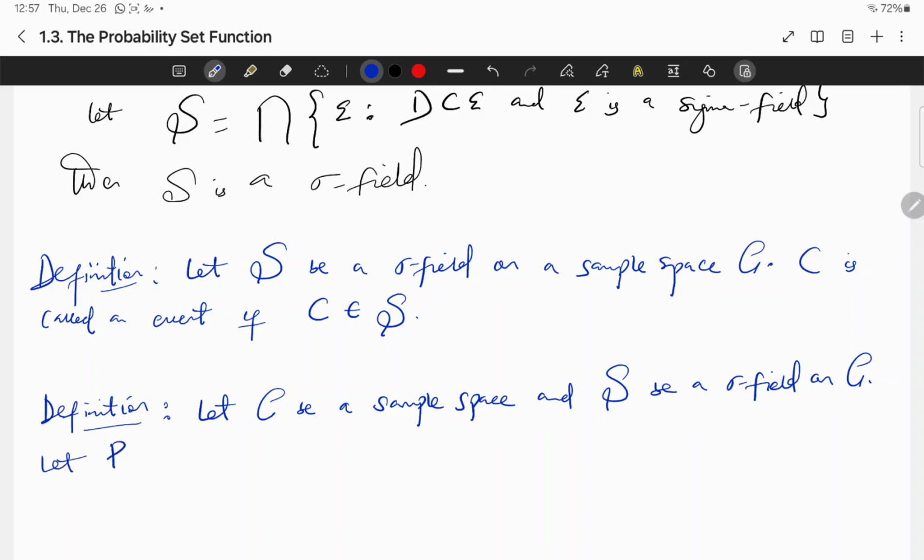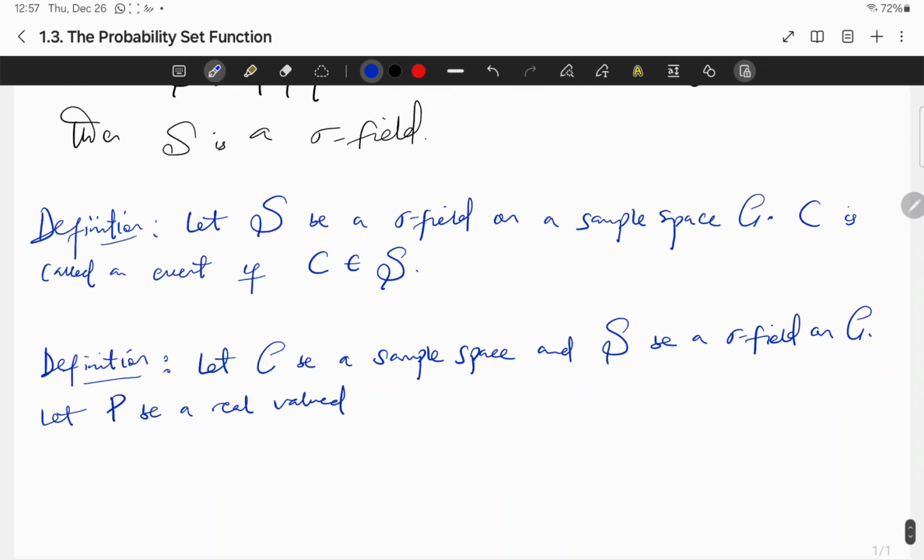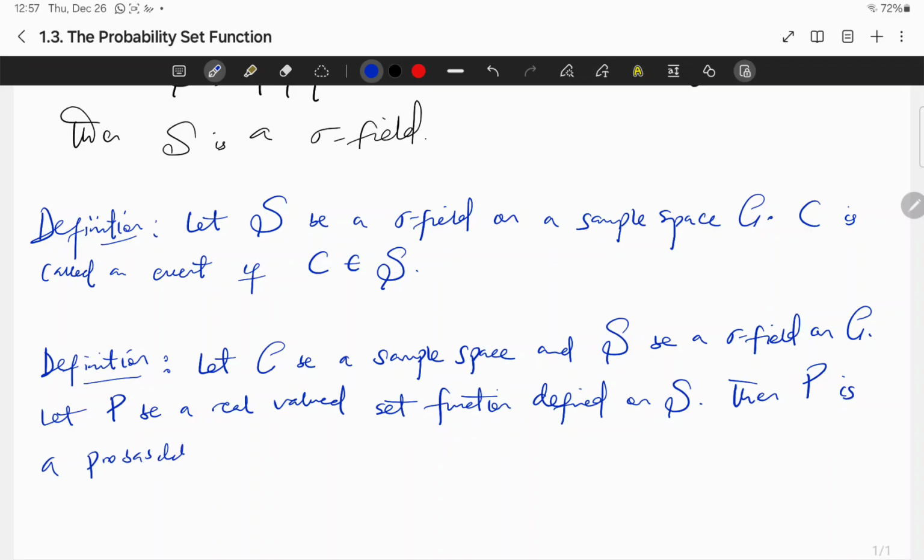Let P be a real valued set function defined on the sigma field. Then P is a probability if P satisfies these three conditions.